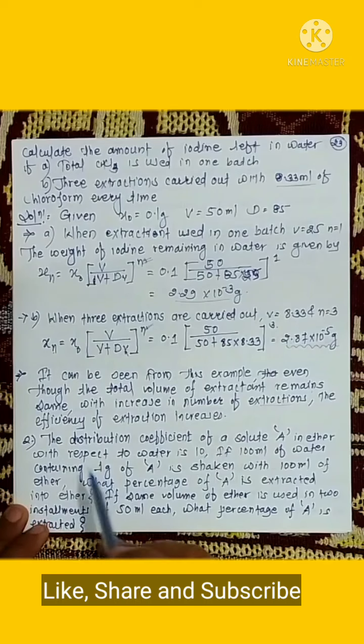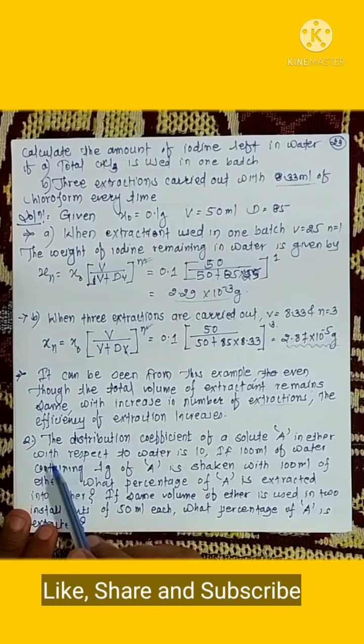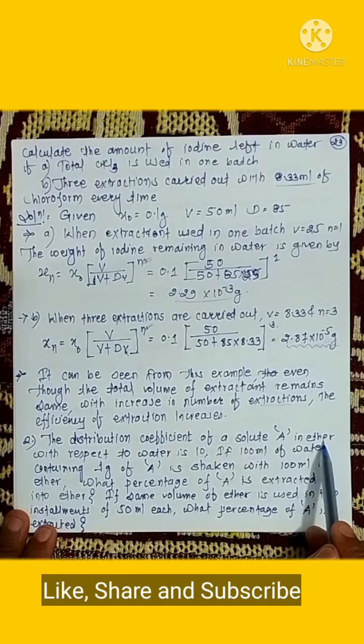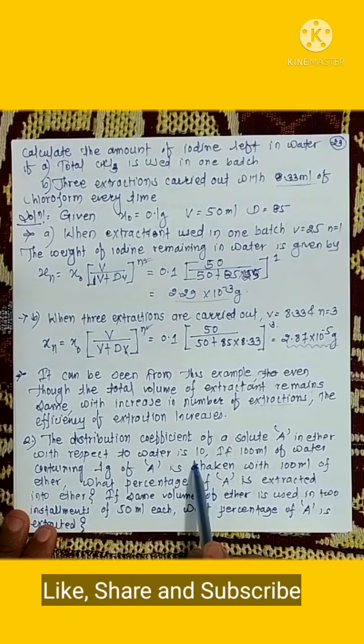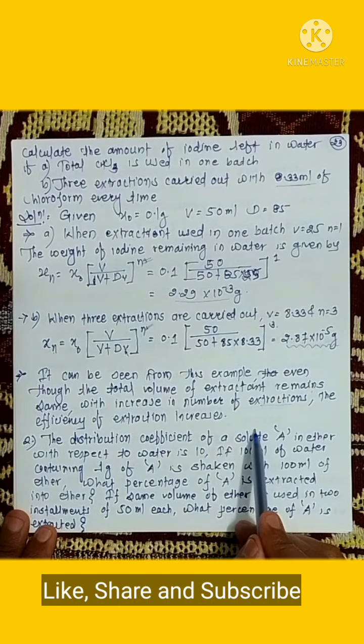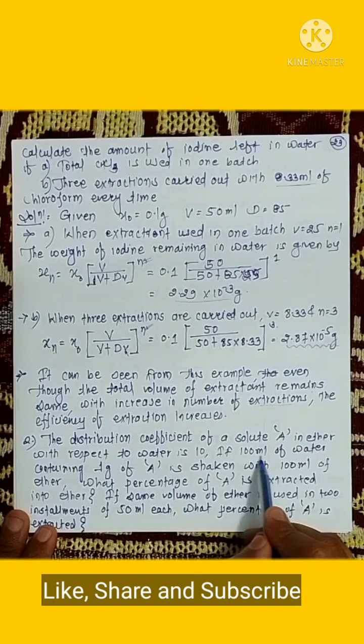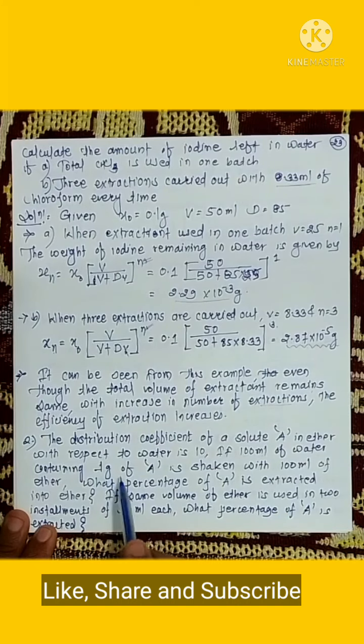Now we are going to see the second numerical. The distribution coefficient of solute A in ether with respect to water is 10. So the value of capital D is given, that is 10. If 100 ml of water, that is the volume of the aqueous layer is 100 ml, containing 1 gram of A is shaken with 100 ml of ether.